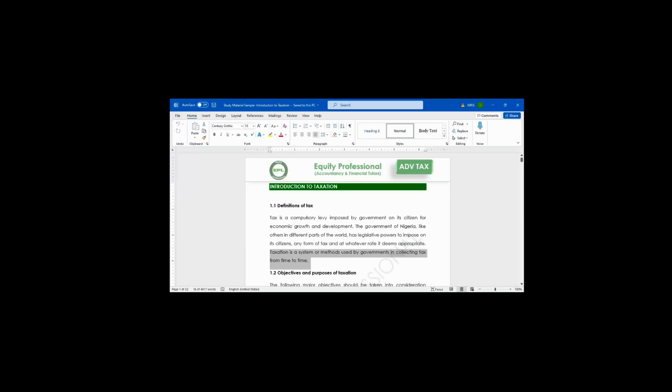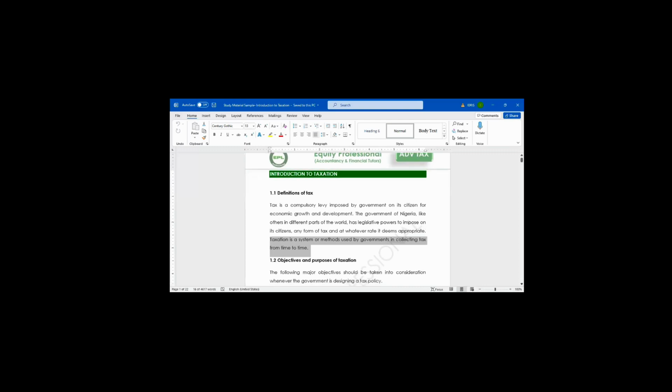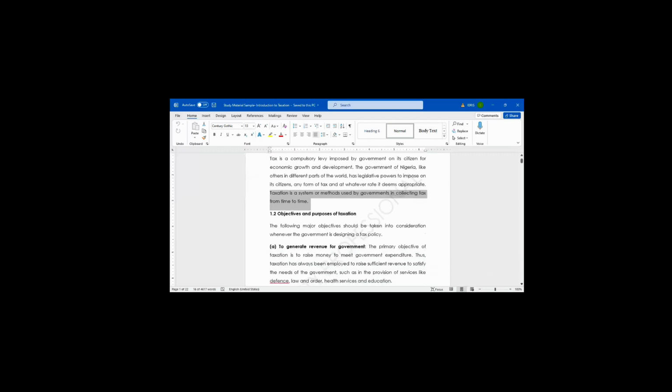Let's look at the objective of taxation, or reason why government collects tax, or purpose of taxation. It's the same thing. You can be asked to explain the objective of taxation, or discuss the purpose of taxation, or explain the reason why government collects tax.